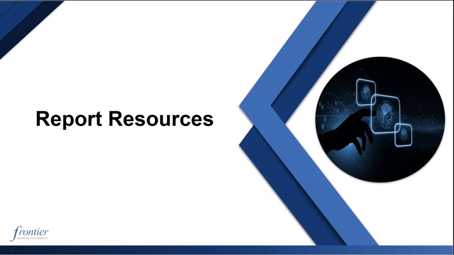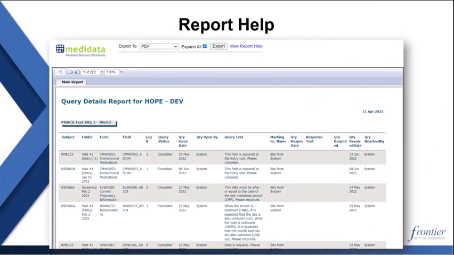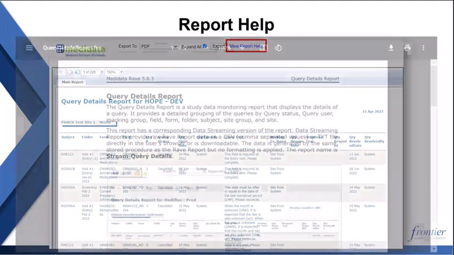Lastly, we'll take a look at a few report resources that may be helpful to you. To begin, each report page in Rave EDC has an accompanying help document. This may be helpful if you find yourself needing additional information about a particular report. To access, open the report, and at the top of the screen, click the link that says View Report Help.